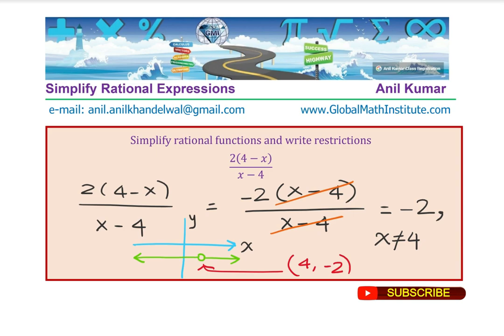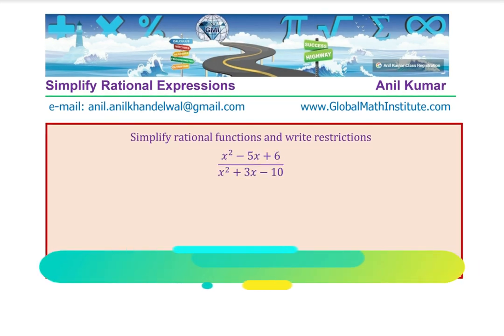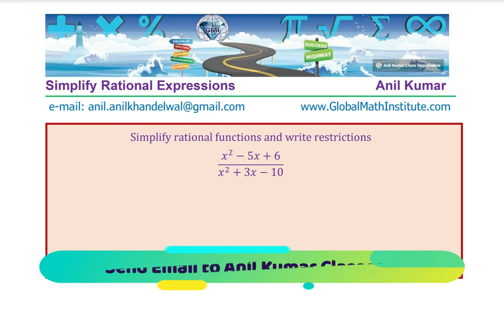Now this green line, which shows with a hole, represents our rational expression. Perfect? Let's now get into the real process of simplifying rational expressions and then writing the restrictions. Important thing here is that restrictions should be written before cancelling the common factors in numerator and denominator.